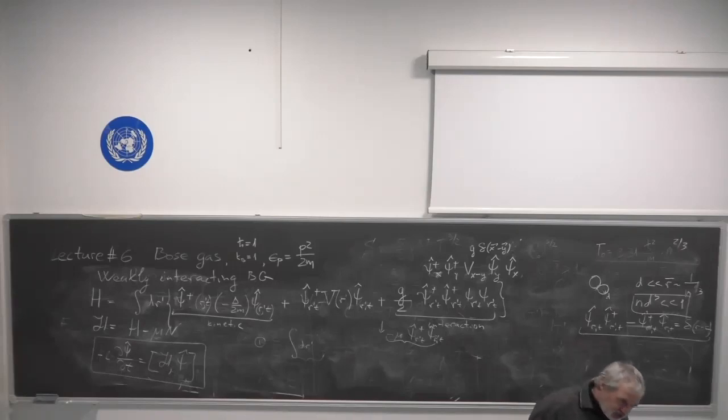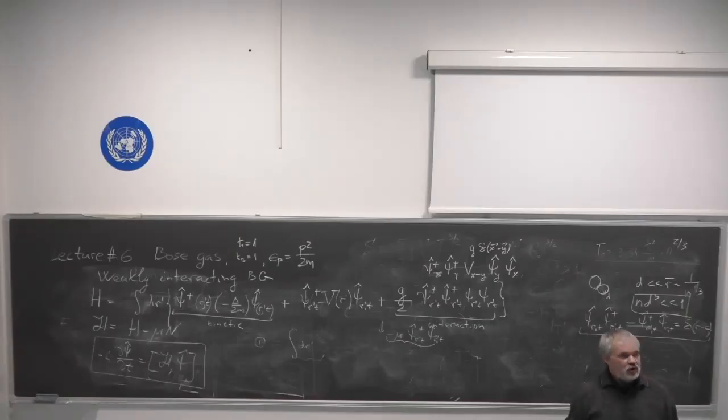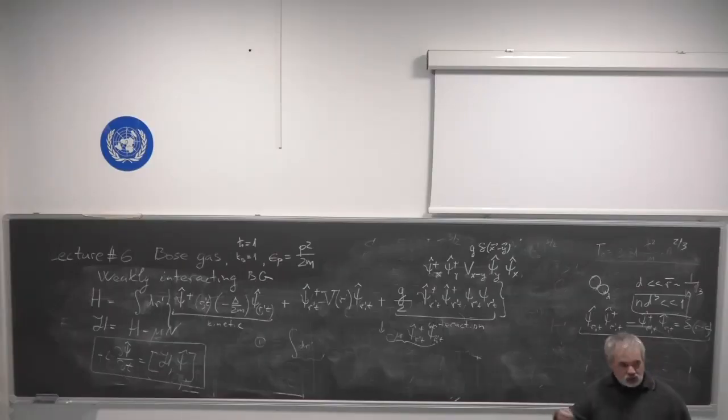Do you know the difference between canonical and grand canonical ensemble? Yes. In one case, we work with a fixed number of particles. In the other case, we work with a fixed chemical potential. And since we have a condensate, there is constant exchange.